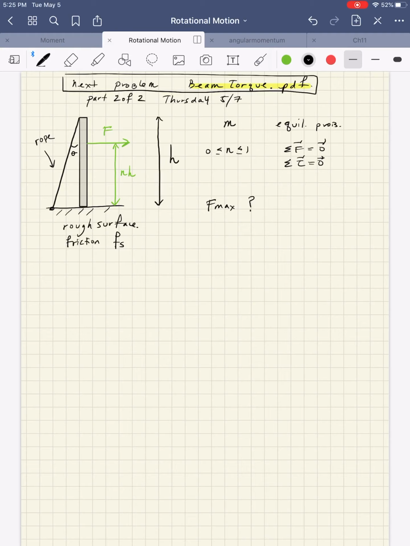Also, as an in-between step, I'm going to have you solve for the force of static friction. And knowns in this problem are going to be n, F, M, theta, and the coefficient of static friction.